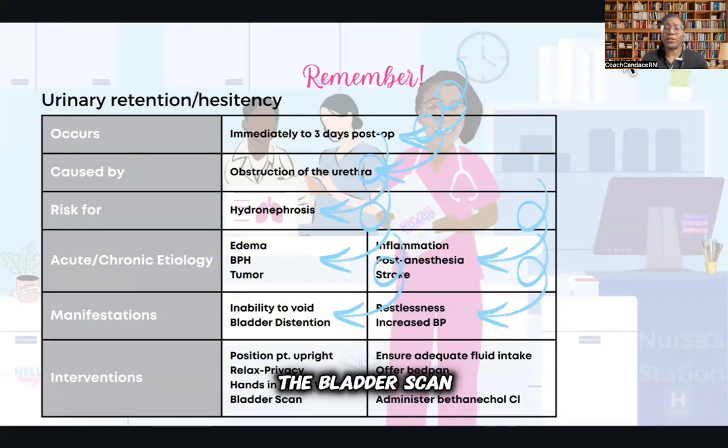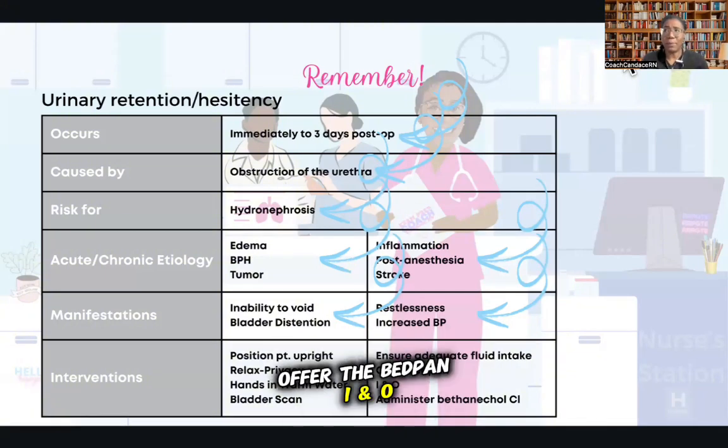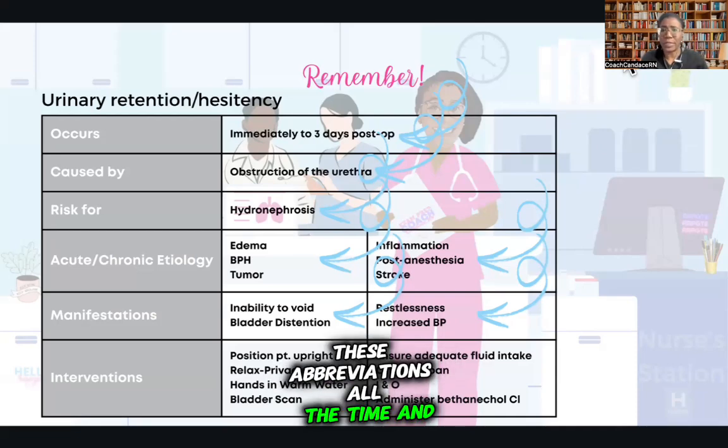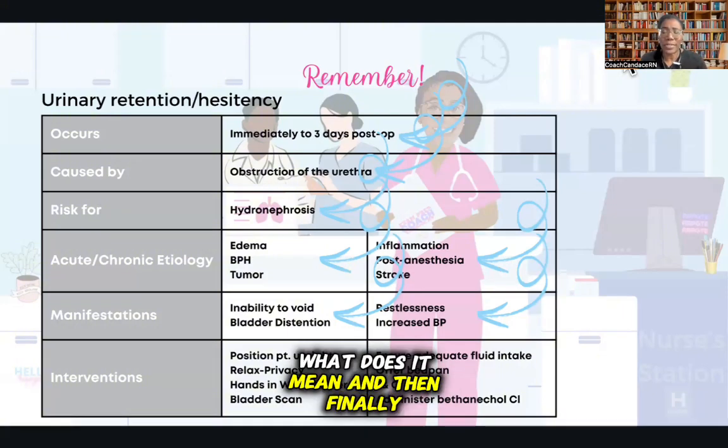All right, the bladder scan is an option as well, so you can see what the volume of urine is in the bladder. All right, ensure adequate fluid intake as ordered. Right, offer the bedpan, I and O. All right, what is I and O? We like to throw out these abbreviations all the time, and you very well could see this one on the NCLEX. What does it mean?